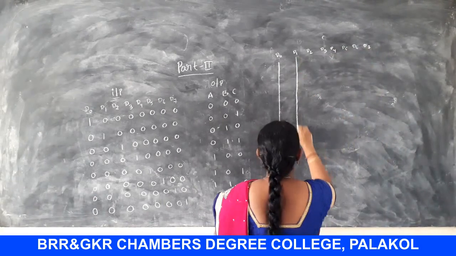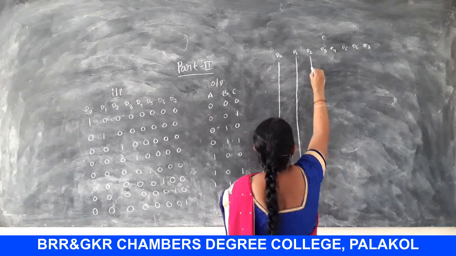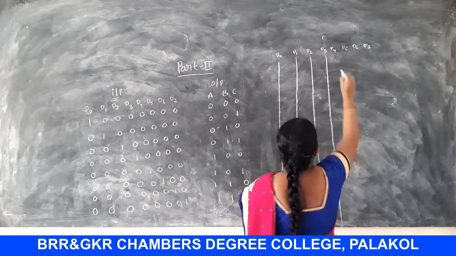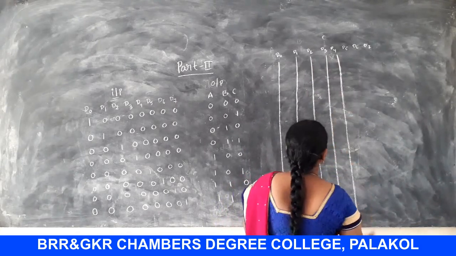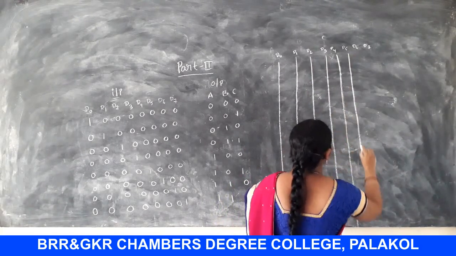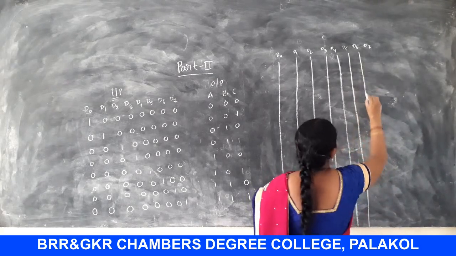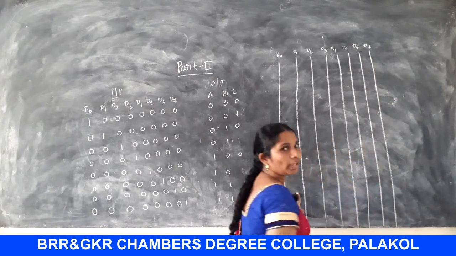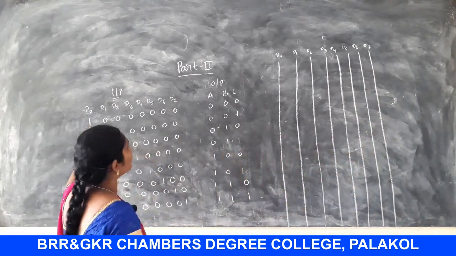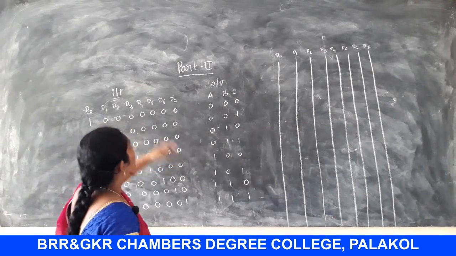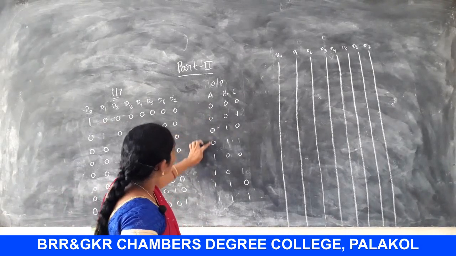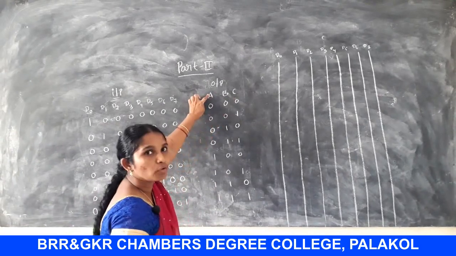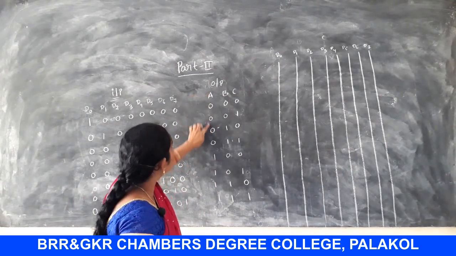We have to draw the lines first. The first one is we have applied D0. The output lines are A, B, C. First of all, we have to write the logic for this one.